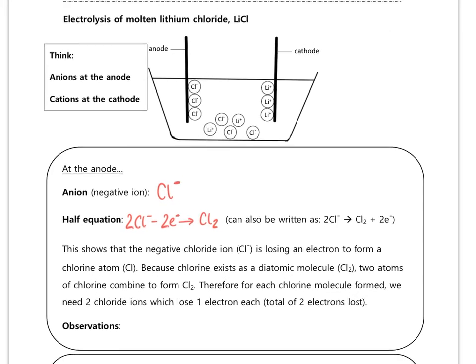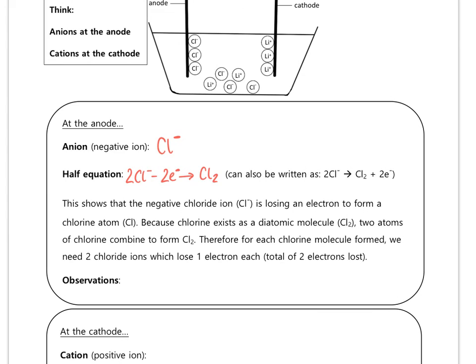What do we observe at the anode for lithium chloride? Well, again, all I need to do is simply think about what I am forming. This time I'm forming chlorine, and you need to think to yourself, what does chlorine look like? What is the appearance of chlorine? And we learnt back in the 3rd topic, periodic table topic, that chlorine is a yellow-green gas. Again, we're going to describe it as a pungent gas.